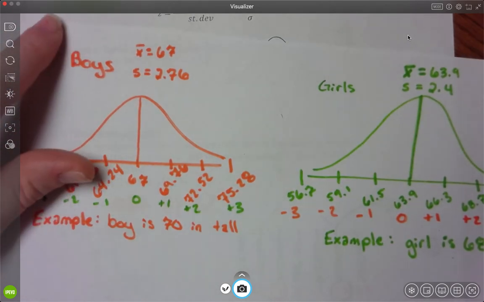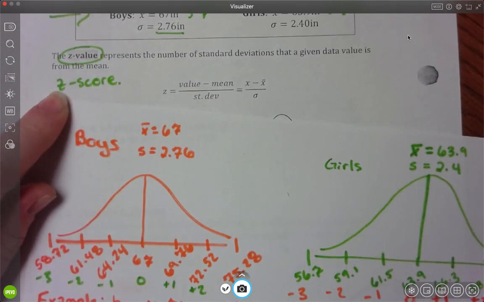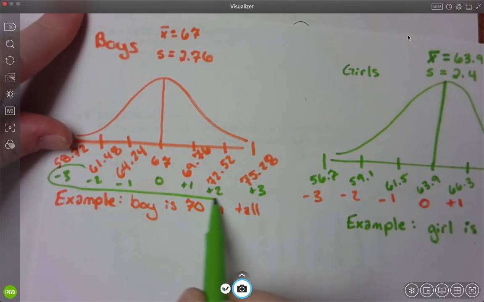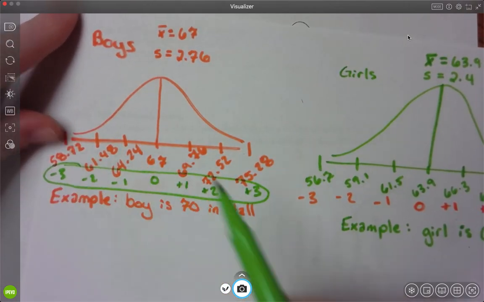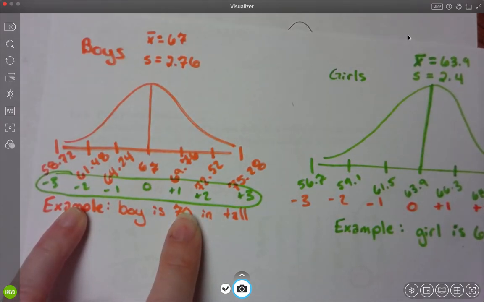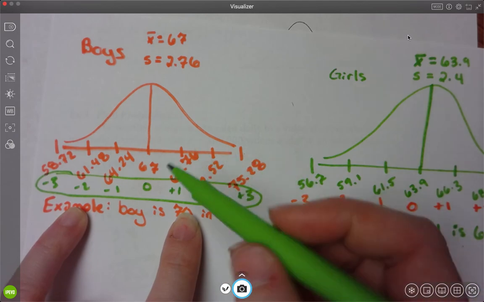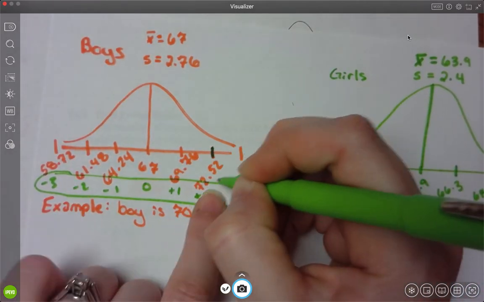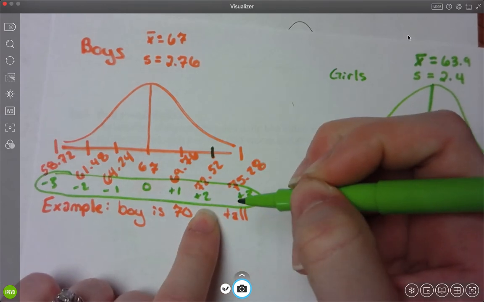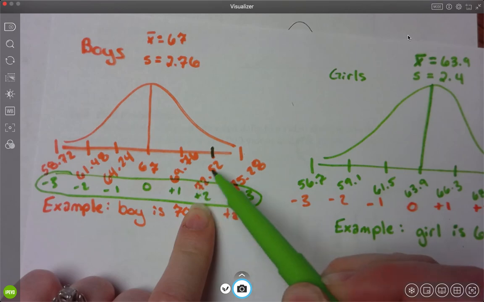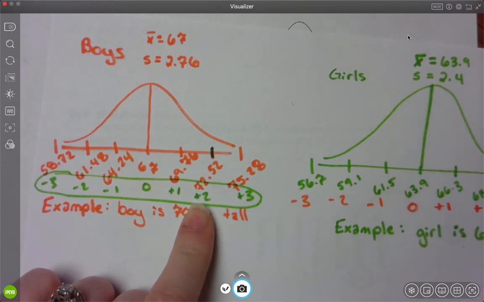Now a z-score is just these numbers down below here. It has to do with how many standard deviations they are away from the mean. So if I am a teenage boy and I am exactly 72.52 inches, my z-score is going to be 2 because I am exactly 2 standard deviations above average.